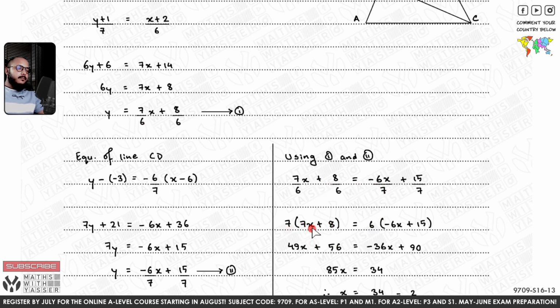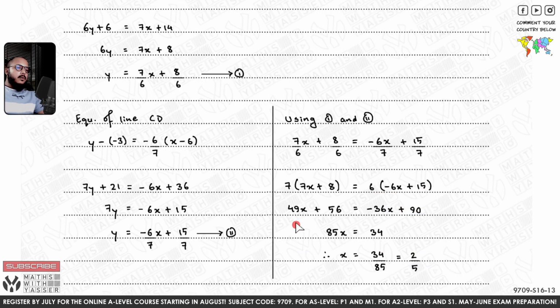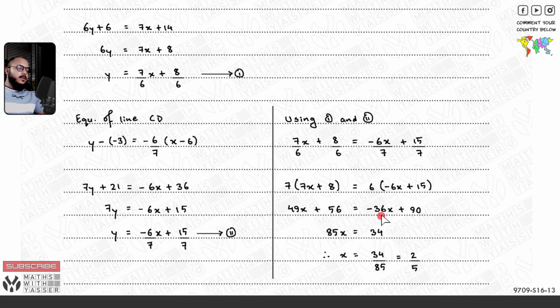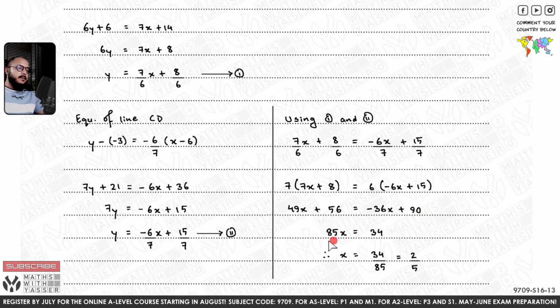Simplifying this, we get 7 times 7x plus 8 equals 6 times negative 6x plus 15. If you do LCM, you get 6 on this side, and 7 on that side. So 49x plus 56 equals negative 36x plus 90. Therefore 85x equals 34. That means x equals 34 over 85, which gives you 2 over 5.